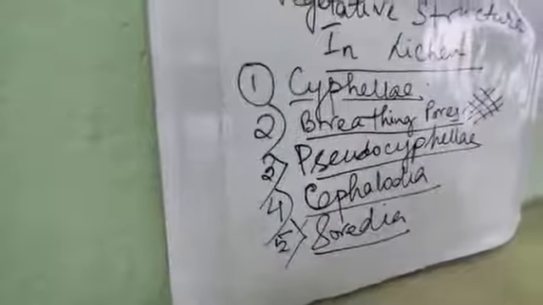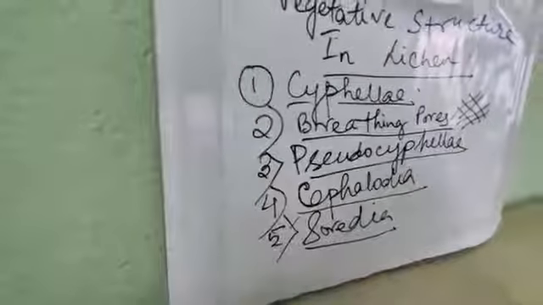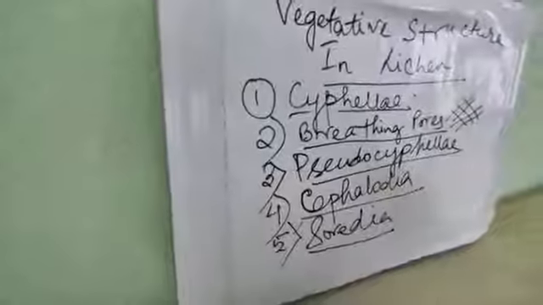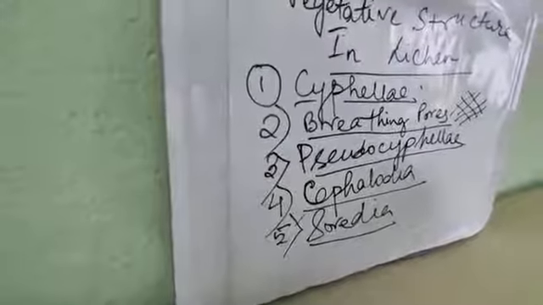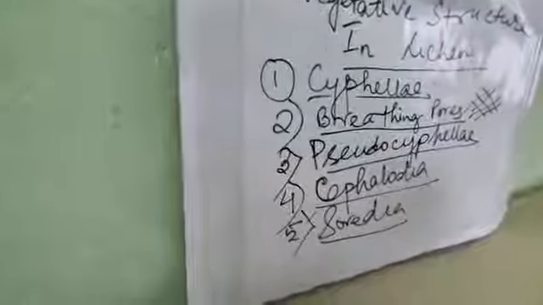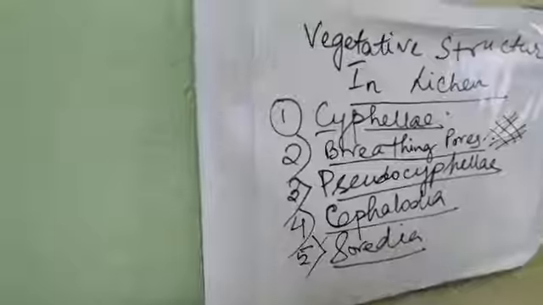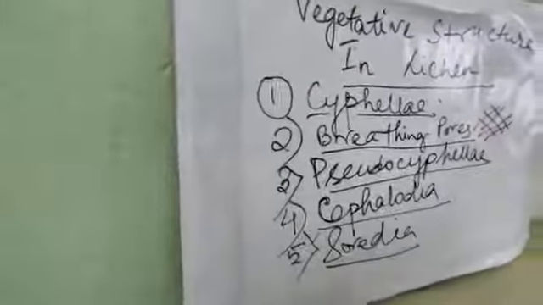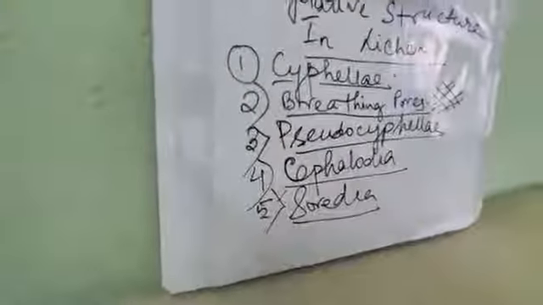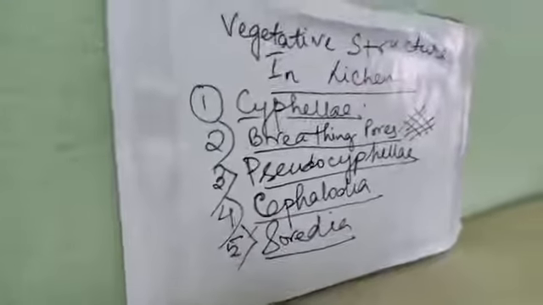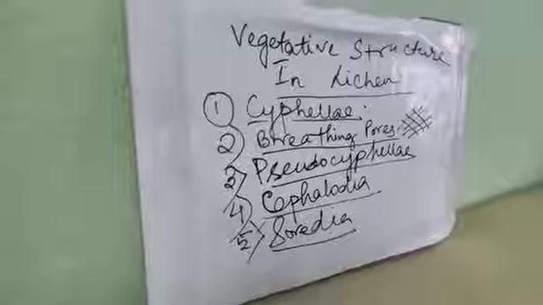It is made up of a few algal cells and a few fungal hyphae, so both the algal cells and fungal hyphae are there. The main function of Soredia is vegetative propagation, which is a way of vegetative reproduction.